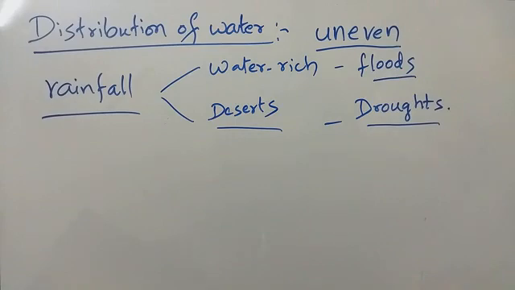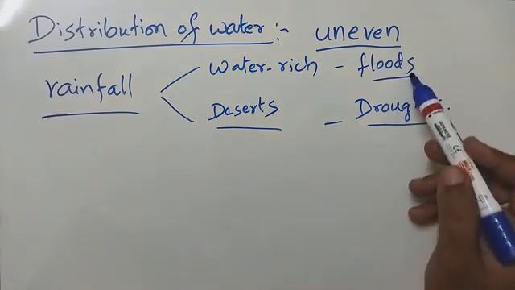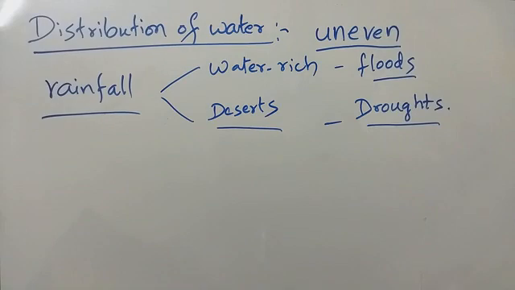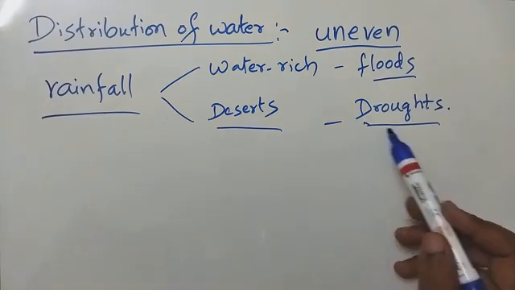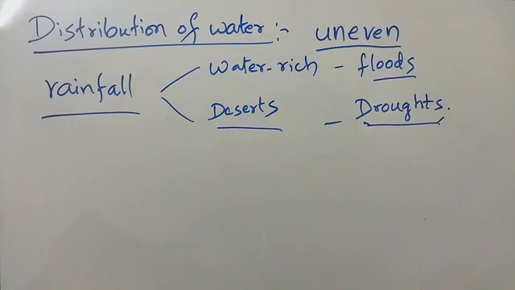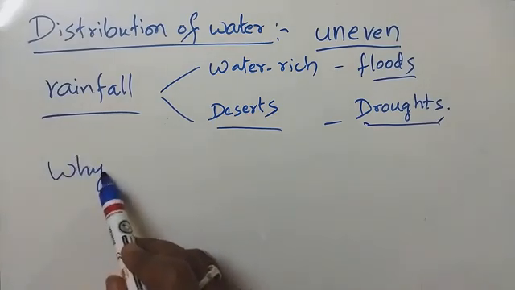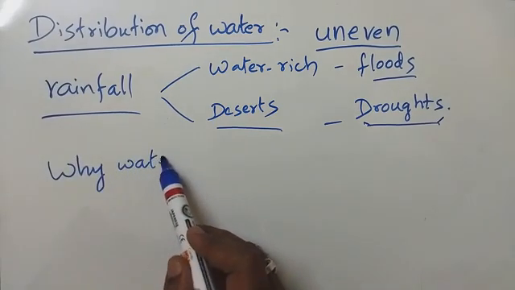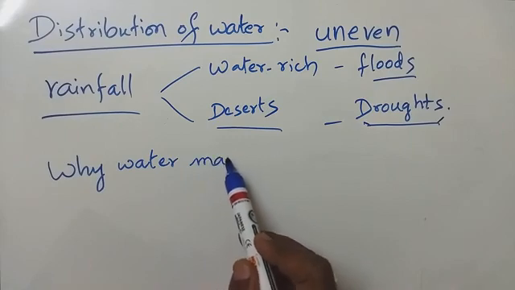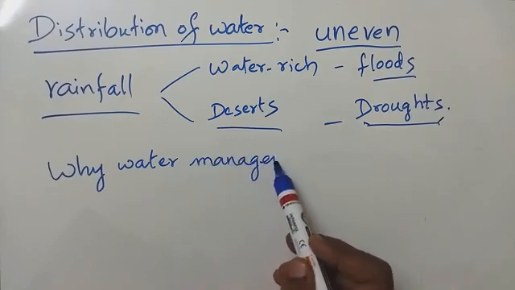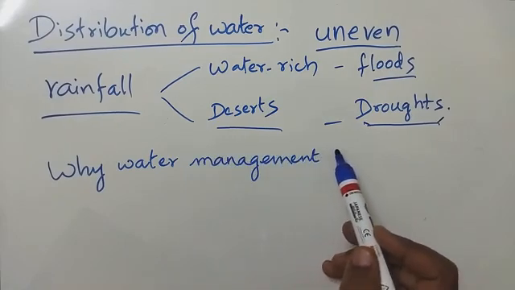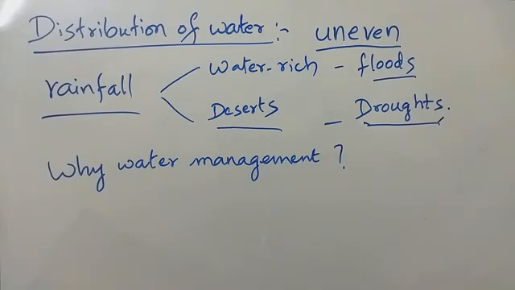So if proper management is done, we can prevent the floods to some extent, and we can save ourselves from the drought conditions to some extent. Why water management has to be carried out?